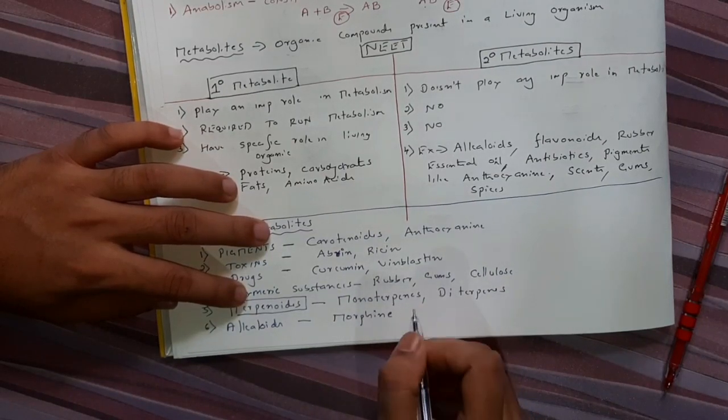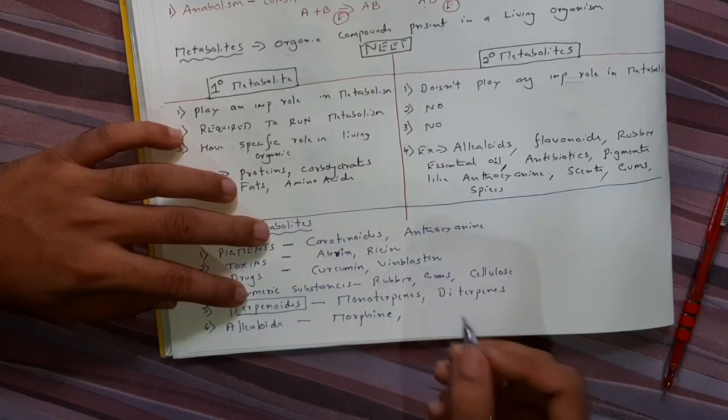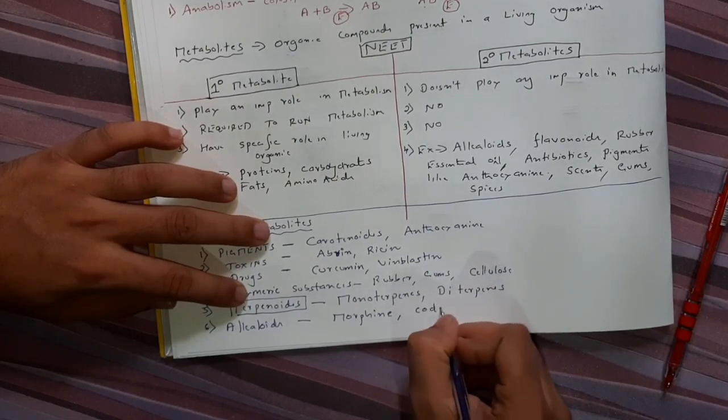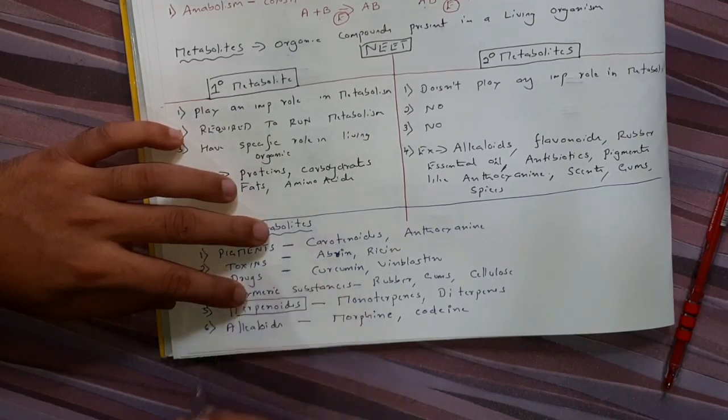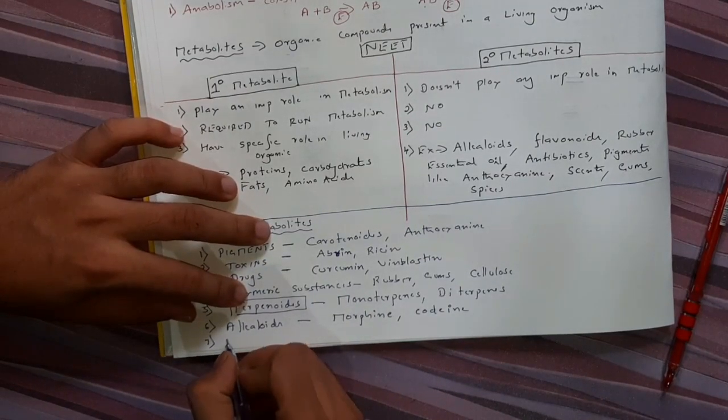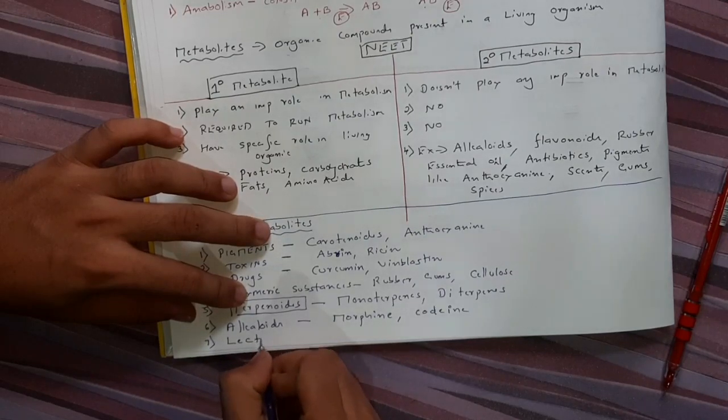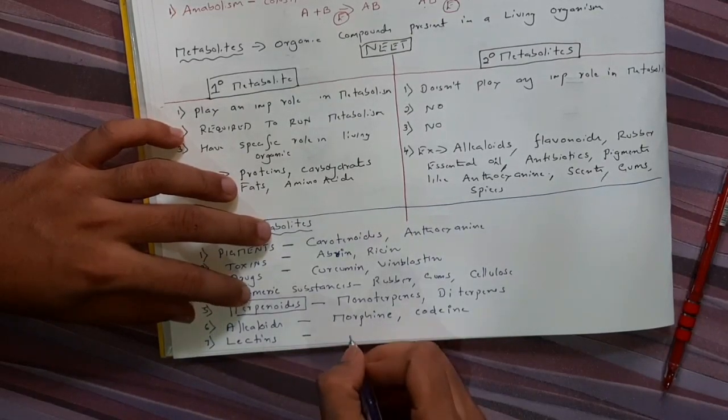In the second paper, you are going to study about it. There is one more actually, that is codeine. Not required, but remember morphine, which is a type of alkaloid, a secondary metabolite. The seventh one, I think, lectins. This is important.